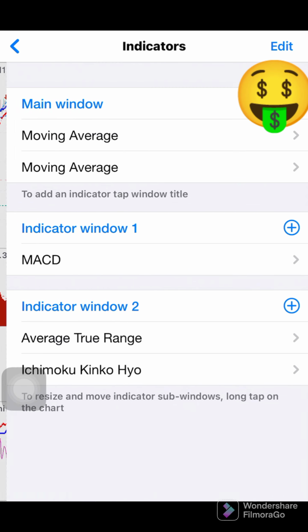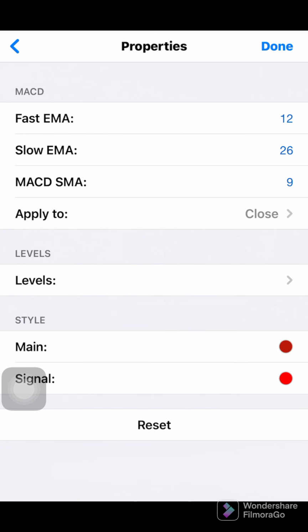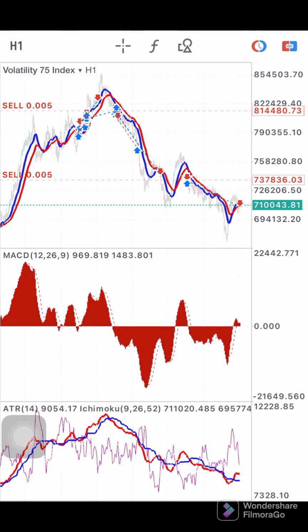Let's go back to the settings. In the window indicator one, we have the MACD only: fast EMA 12, slow EMA 26, MACD SMA 9, apply to close. For the main color, you can choose any colors you feel are cool.